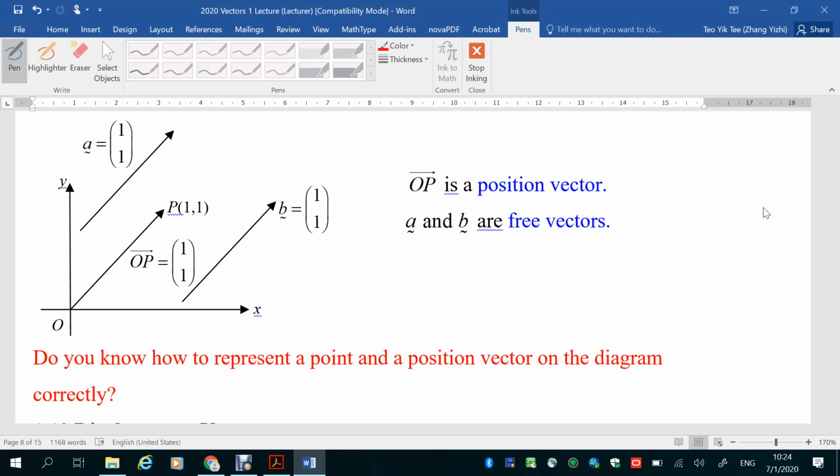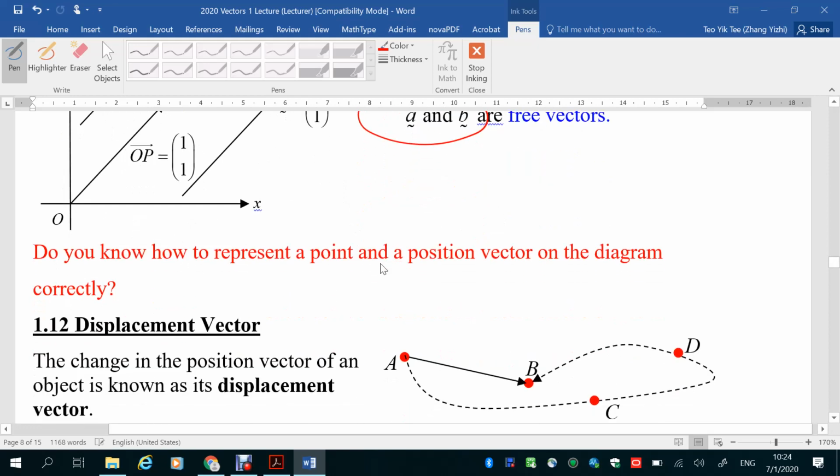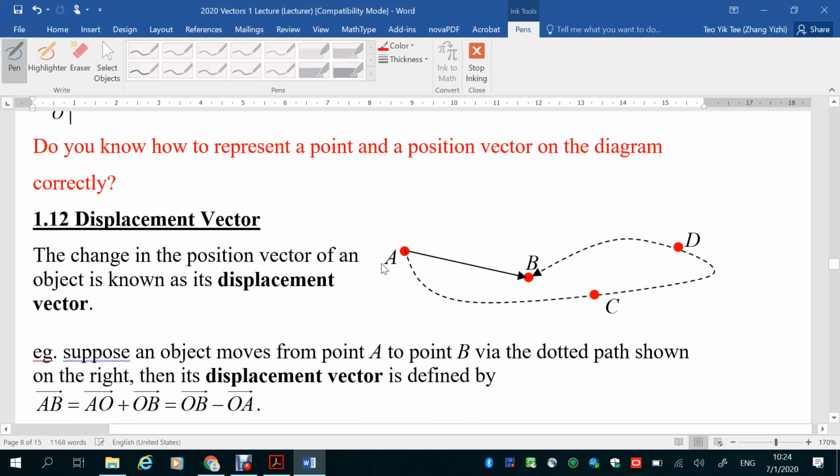But if I accompany it with a capital letter or small letter, then it tells you whether it means a point or a direction. This is one of the more important things that you need to understand as of now, because the real question has not come out yet. So this one should be very easy.